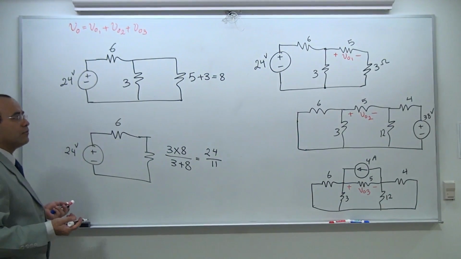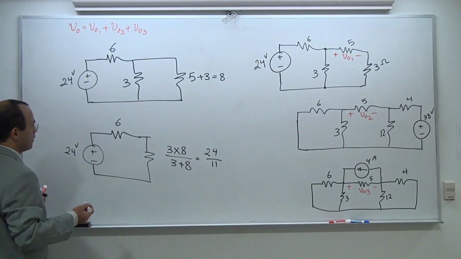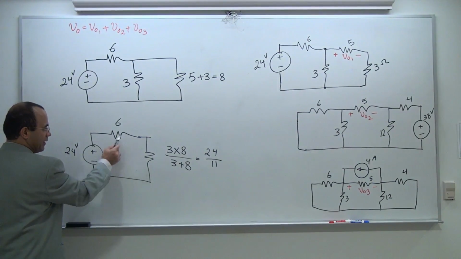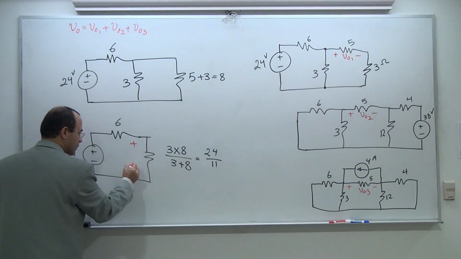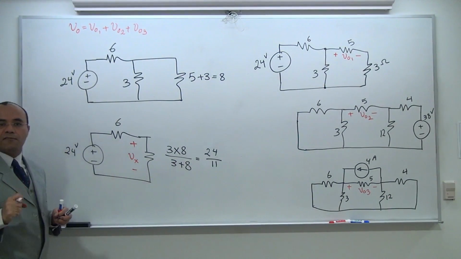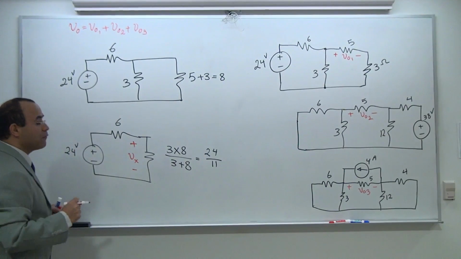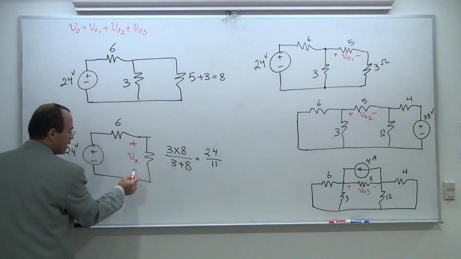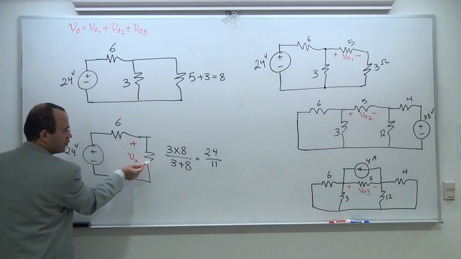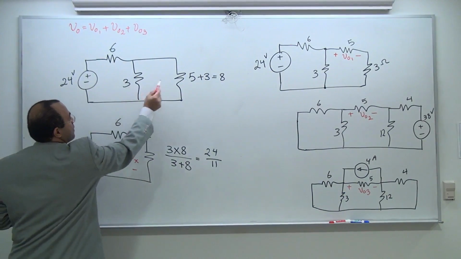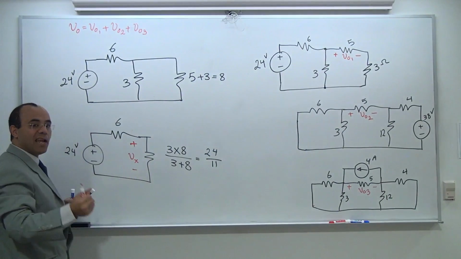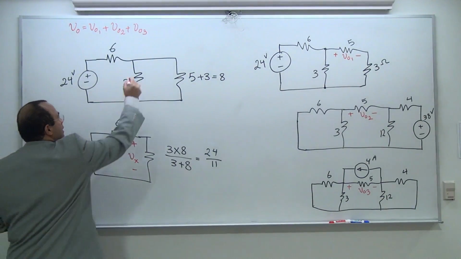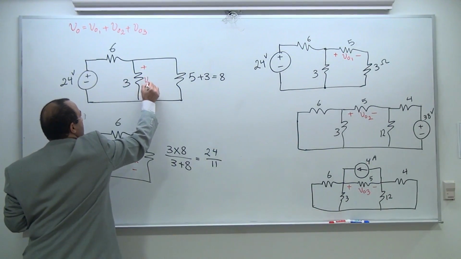So what am I trying to do? I have two components in this series. If I find this voltage, what did I find in my previous stage and what do I need? This voltage is the voltage across this resistor. This resistor is coming from parallel combination. Since parallel combinations maintain and preserve the voltage, this is going to be Vx I'm looking for.